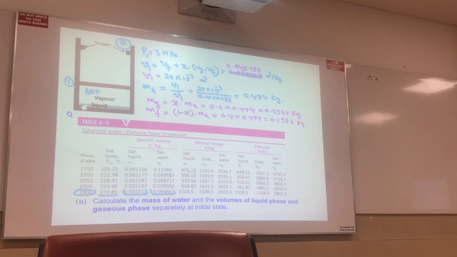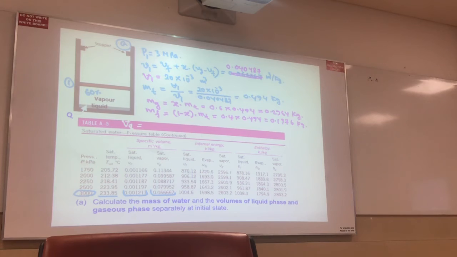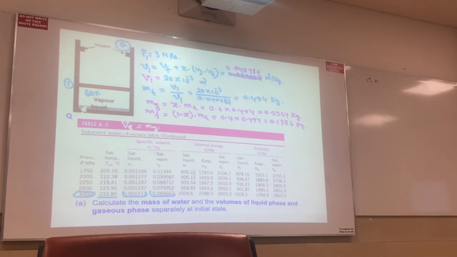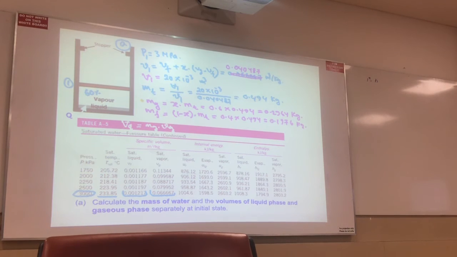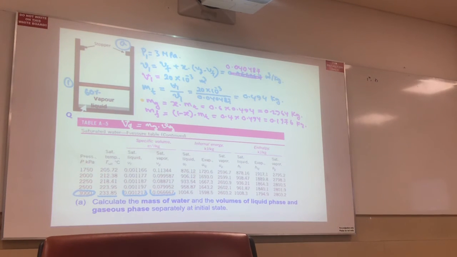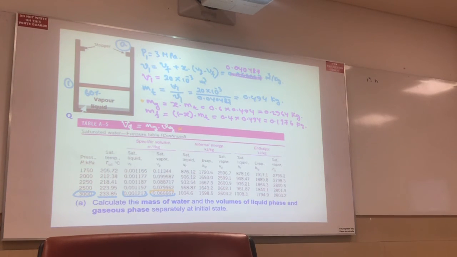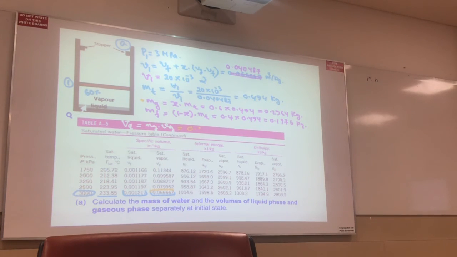So what is the volume of gaseous phase? Total volume of gaseous phase Vg is equivalent to mg times vg. Okay, mg I know from here, and vg from here. Then I can find 0.01976 meter cube.